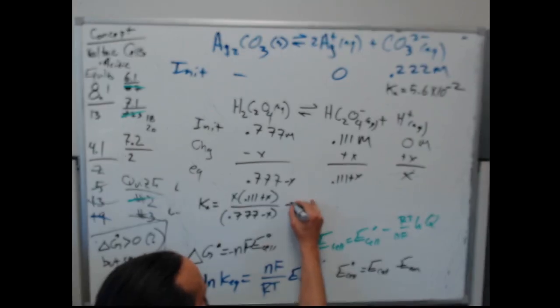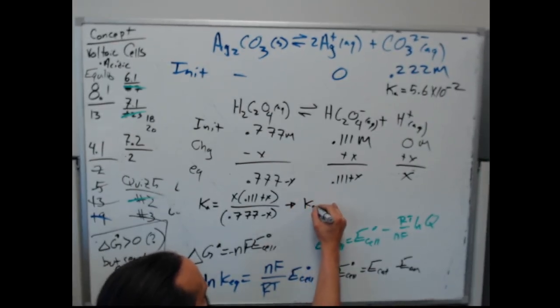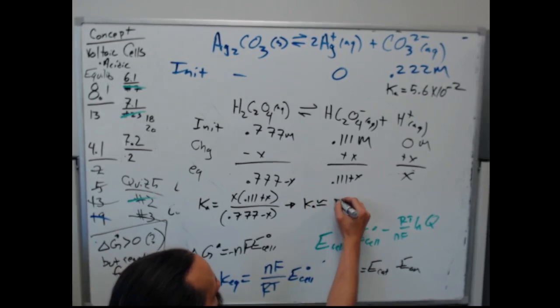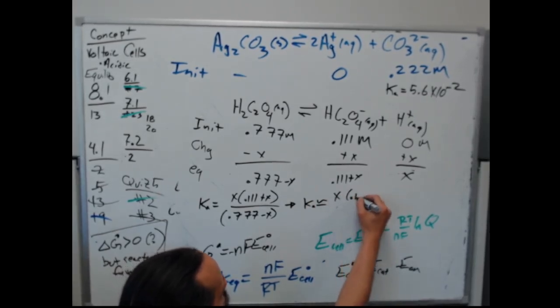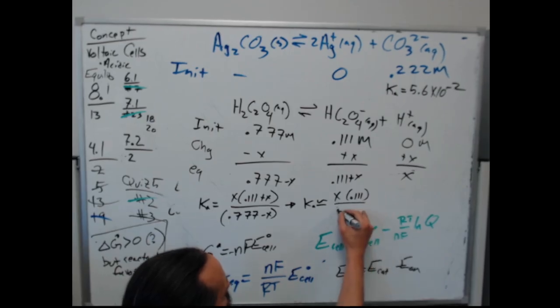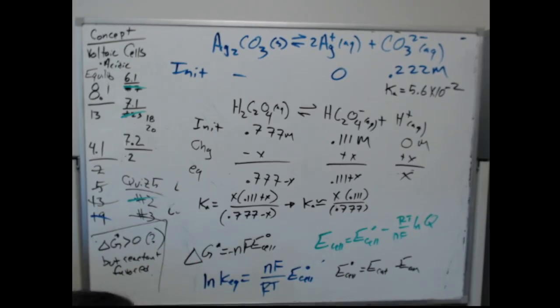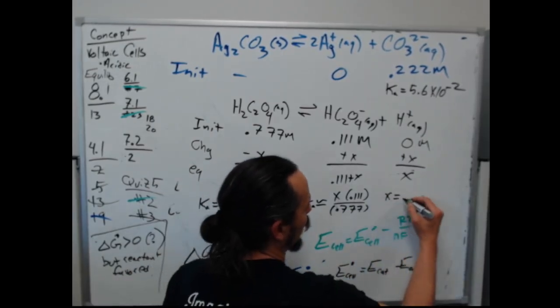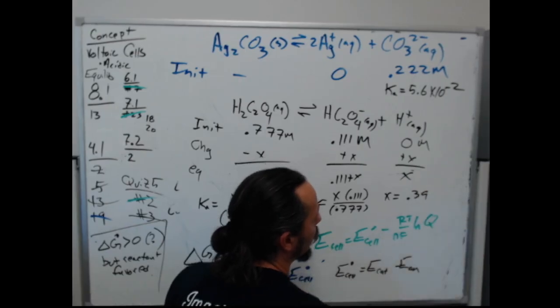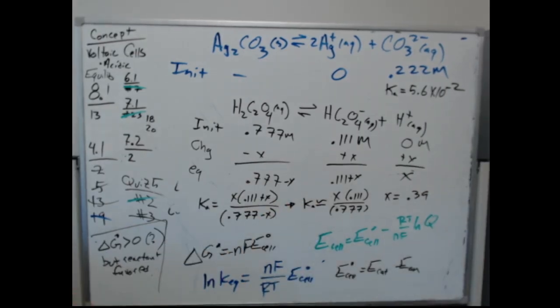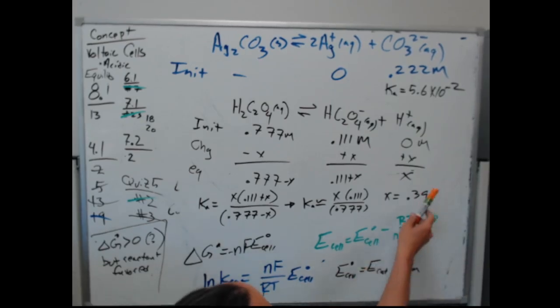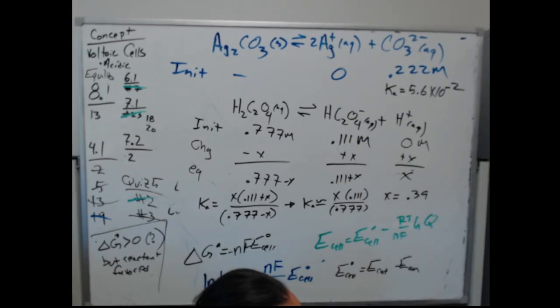And I would say that goes to Ka is approximately equal to x times 0.111 divided by 0.777. And that would get me x is equal to 0.39. So my concentrations were too small compared to my Ka value. I can tell my x value is bigger than my initial concentration.